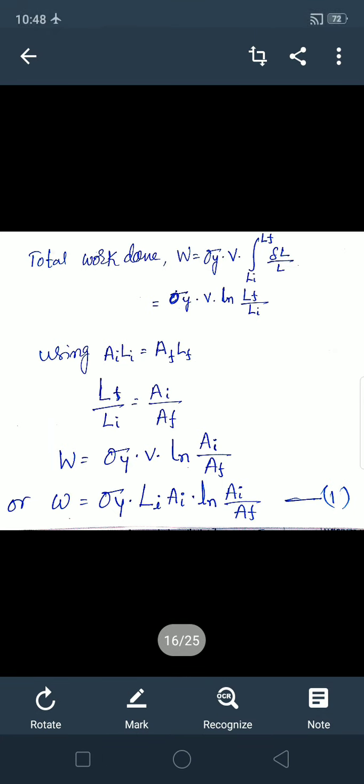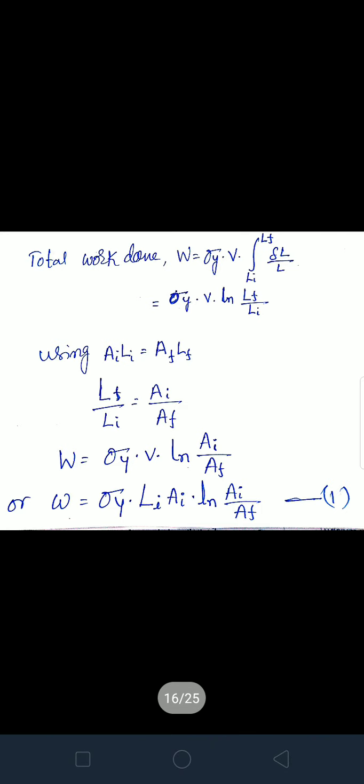By simplification, integrating, sigma y into V, which is a constant, can be taken out, times ln of Lf by Li. Using the equation initial volume equals final volume, Lf by Li is equal to Ai by Af, by transformation of the left and right hand terms. Therefore, work done W is equal to sigma y into V into ln Ai by Af, or W is equal to sigma y into Li Ai ln Ai by Af. V is nothing but length into area.